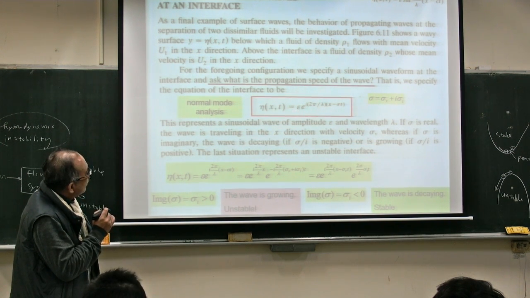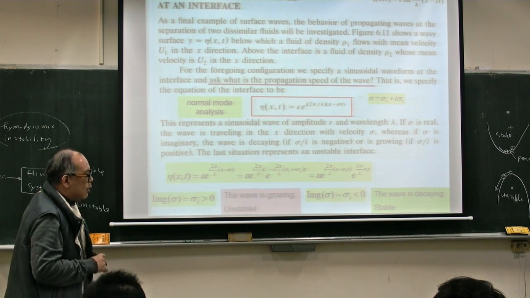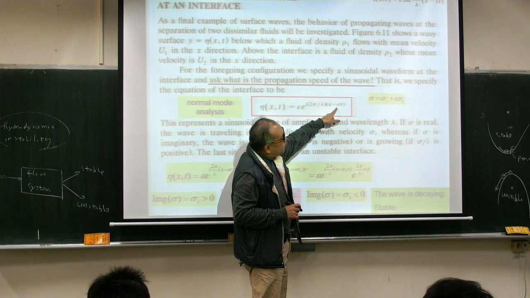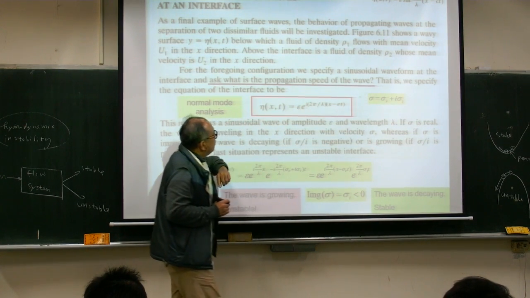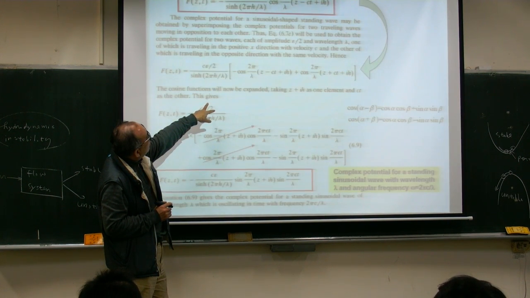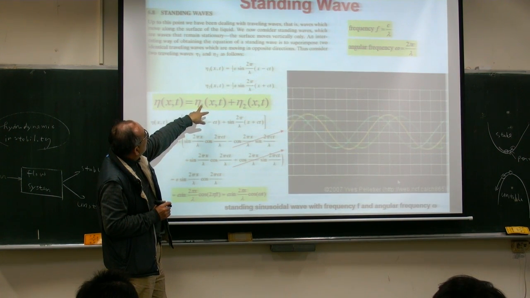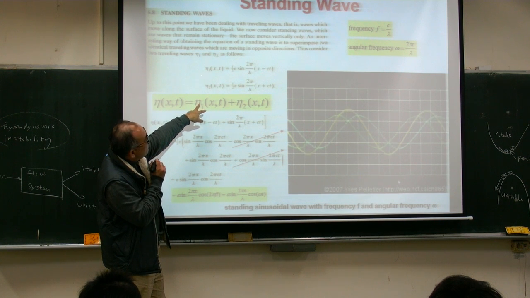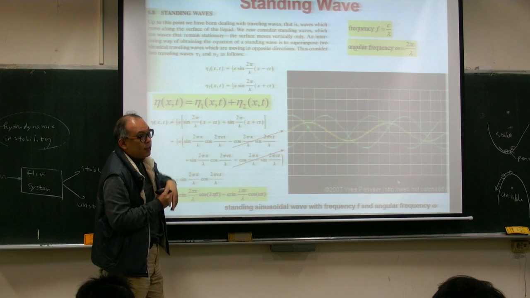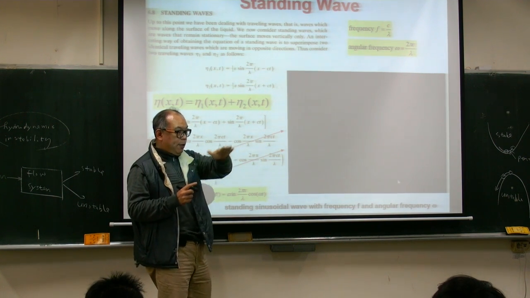The clever thing here you have to remember: if you go back to the traveling wave in the very beginning, we introduced a C, which is a real number because it's a wave speed.